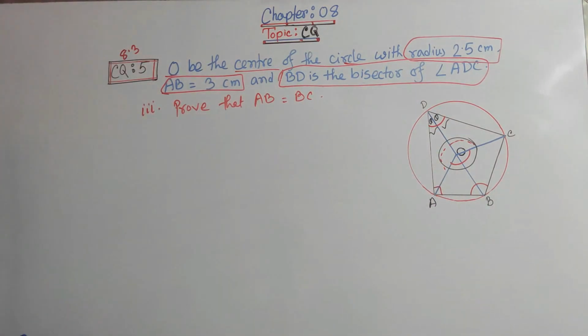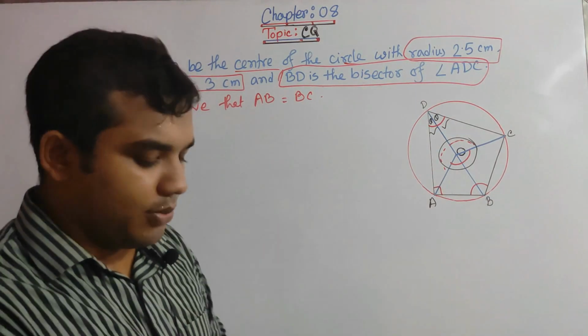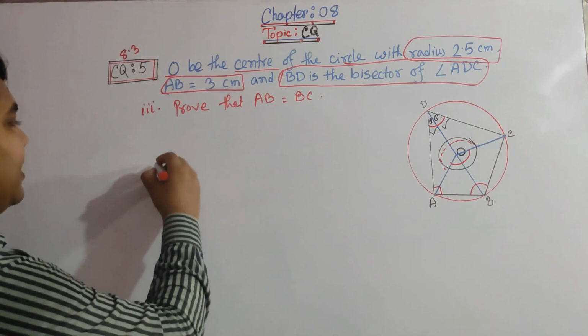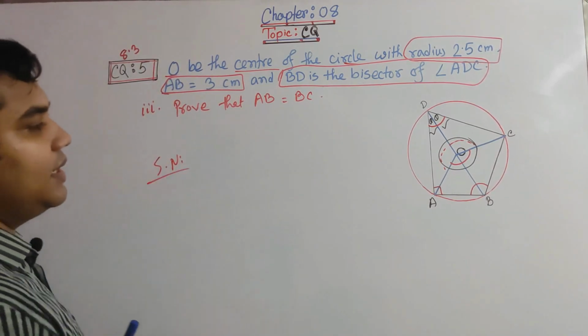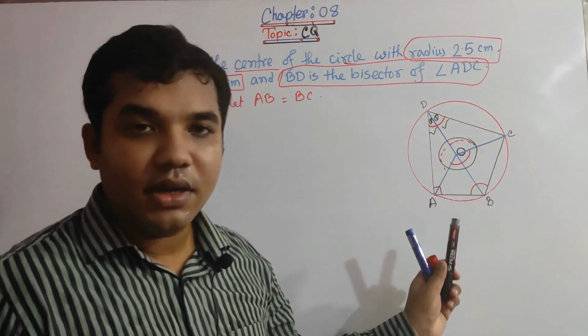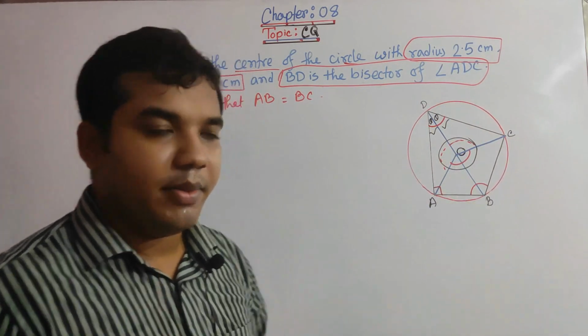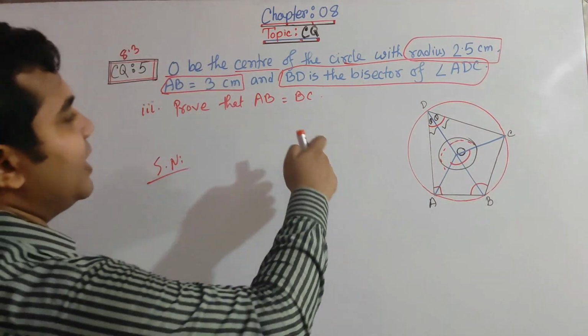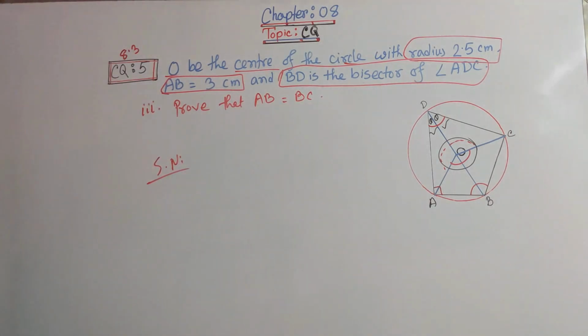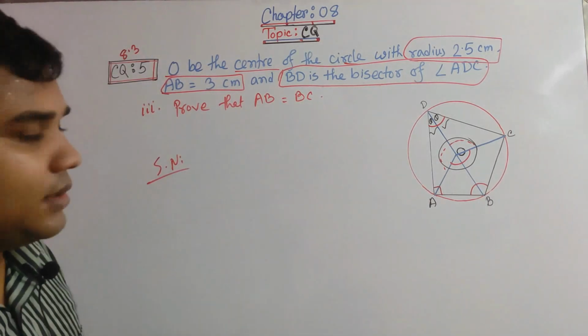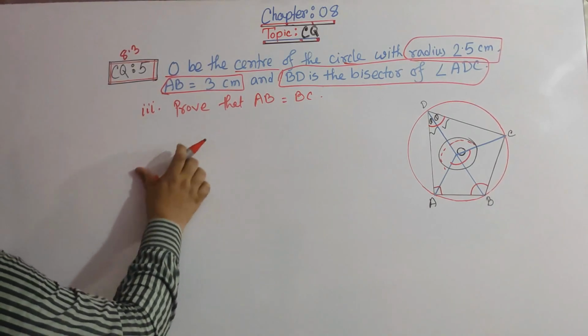The specific enunciation can be written as: ABC is a quadrilateral having center O, and we have to prove that AB equals BC. No construction is needed; we are just going for the proof part.